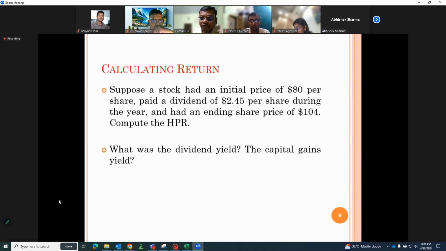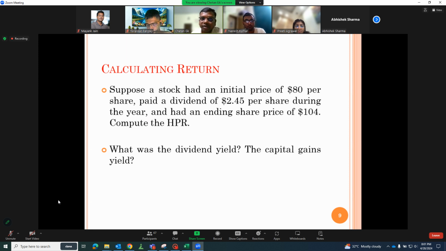You take 2.45 divided by 80, what you started off with, and you get the dividend yield. If I ask you how much is capital gain, it is 4 divided by 80, so that you get the capital gain yield. It is as simple as that. And if you add both of the returns, you will have HPR.